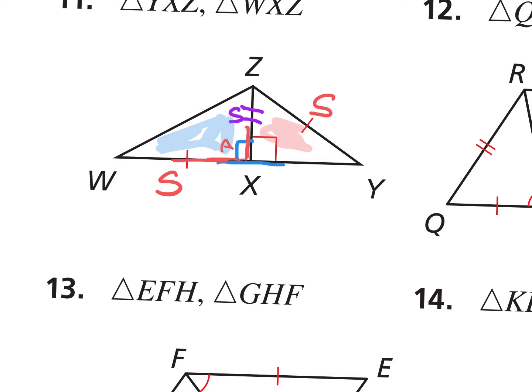It's formed by the two congruent sides. However, this right angle, which is supposed to match, is not the included angle. The included angle in the red triangle would have been up here. So this is not enough information. The two angles are not congruent.